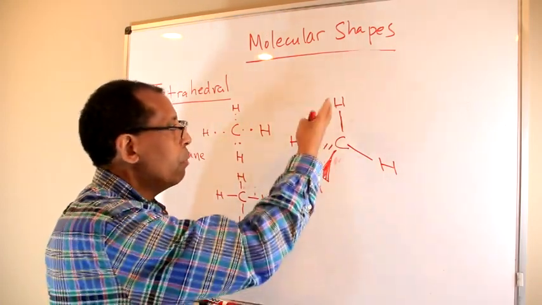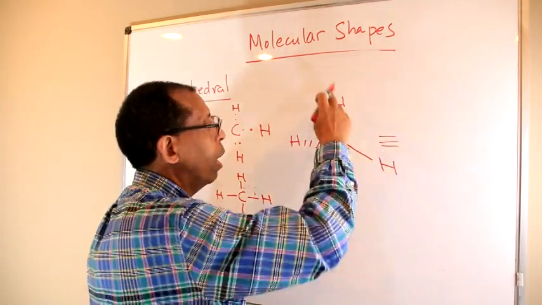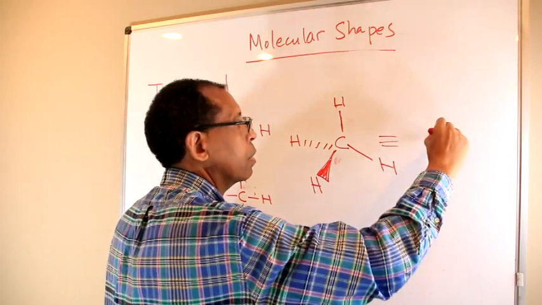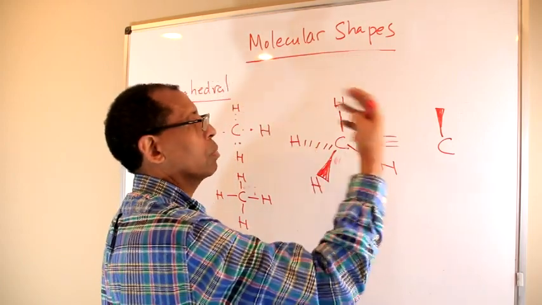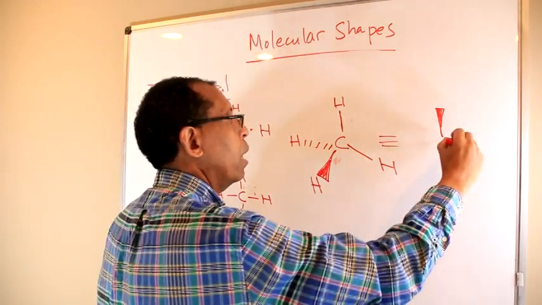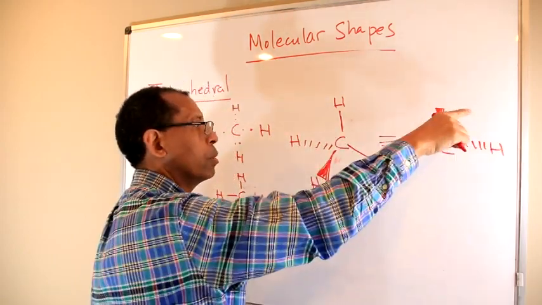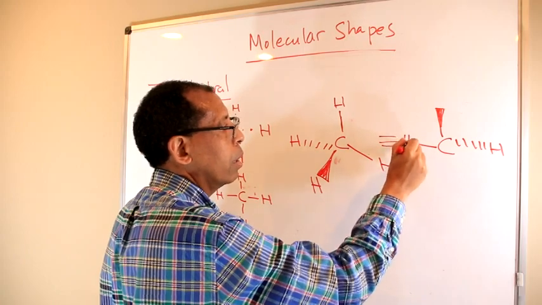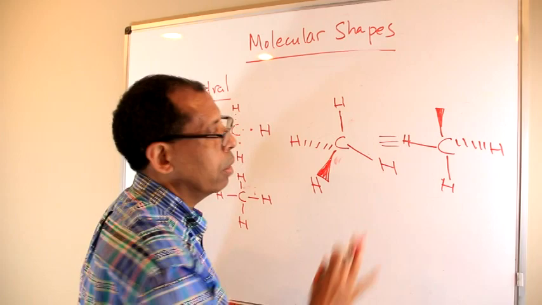So this can be for any one of those. For example, I can still draw this. I can make this in and out. For example, this could be out coming to us, towards me, and here this hydrogen going into the plane of the board, and I can just draw another hydrogen and another hydrogen on the plane of the board.